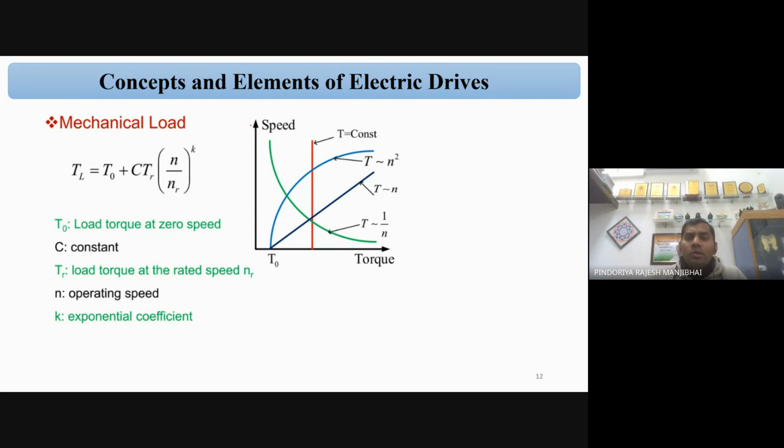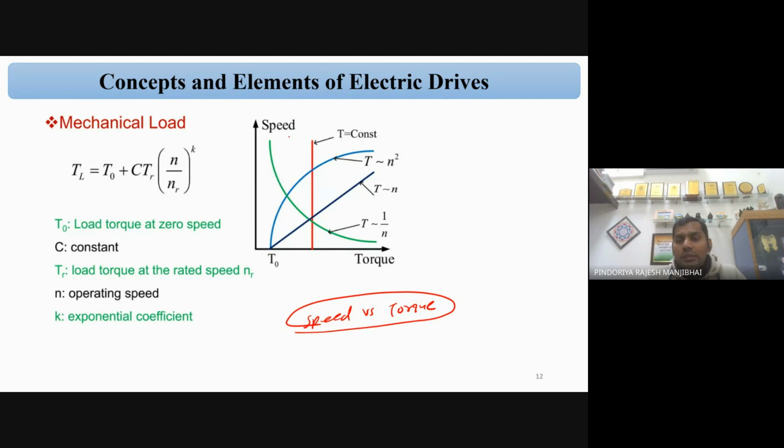Always speed versus torque, because the subject is electric drives, so we have to control the speed and torque. To control them, we plot this characteristic on the XY plane, the 2D plane.